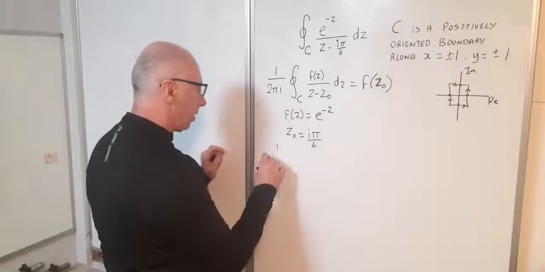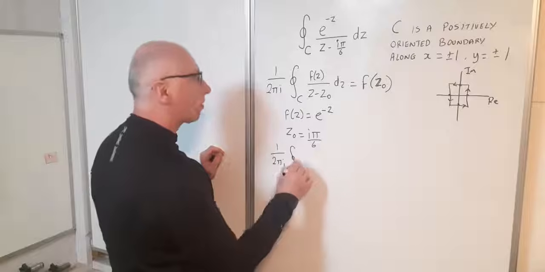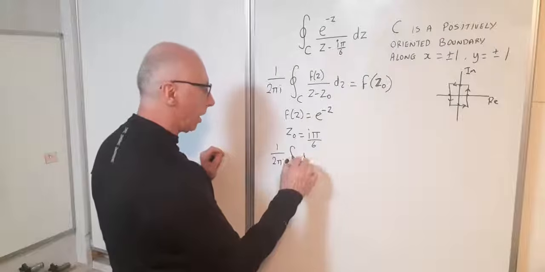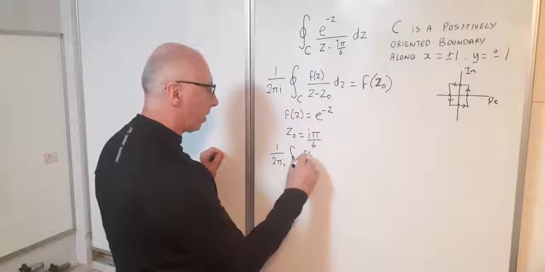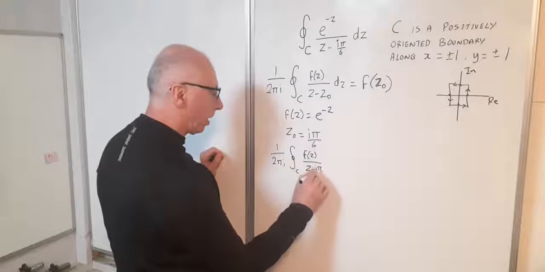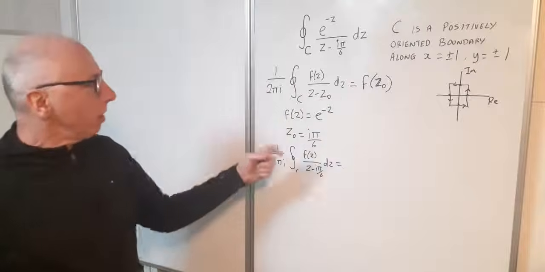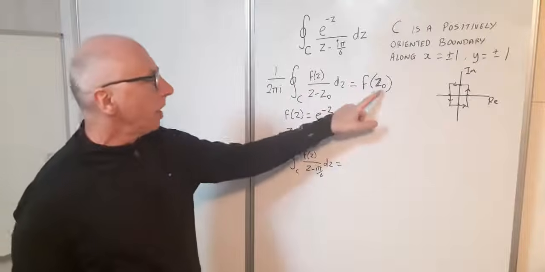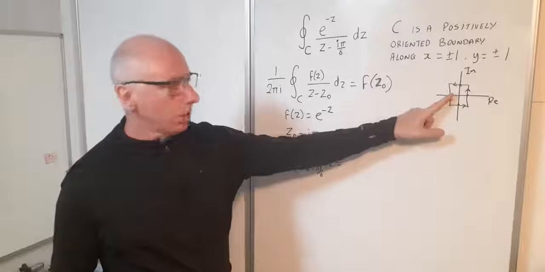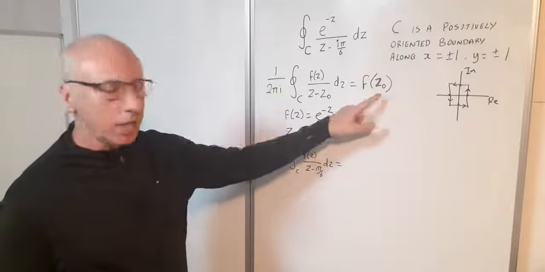So I'll write this as 1 over 2 pi i, line integral, f of z over z minus i pi over 6 dz. As this point z0 is inside this closed contour, we just set the answer to f of z0.